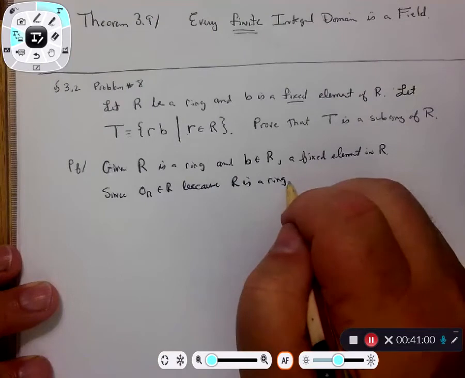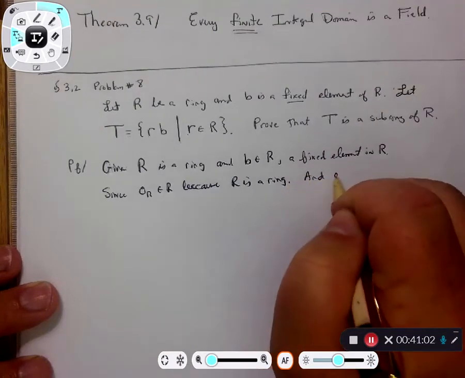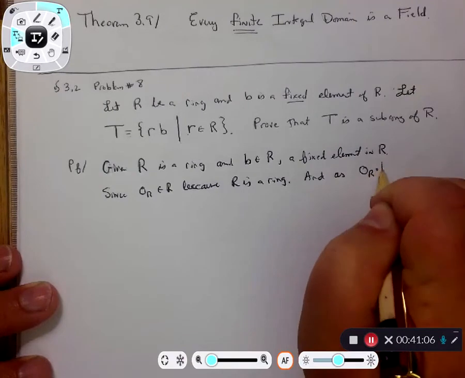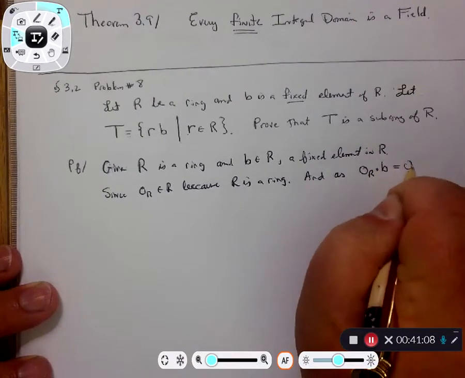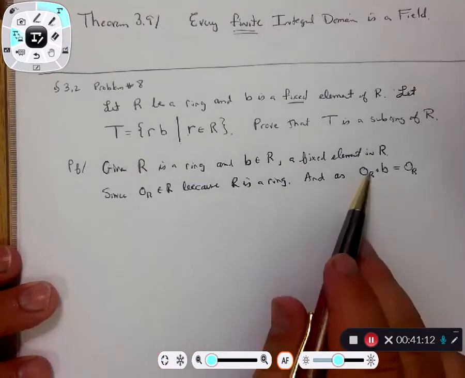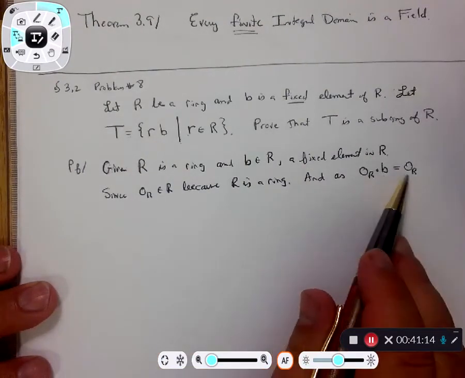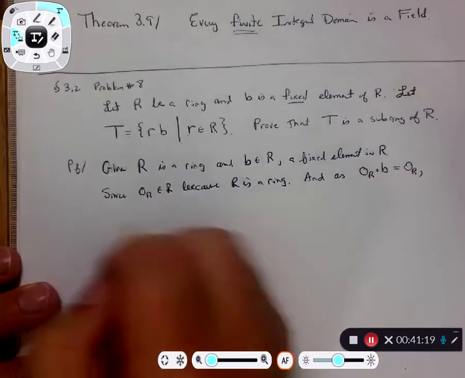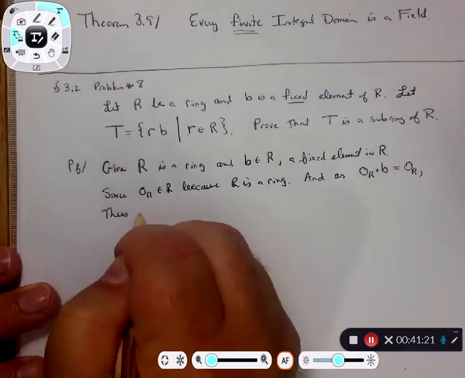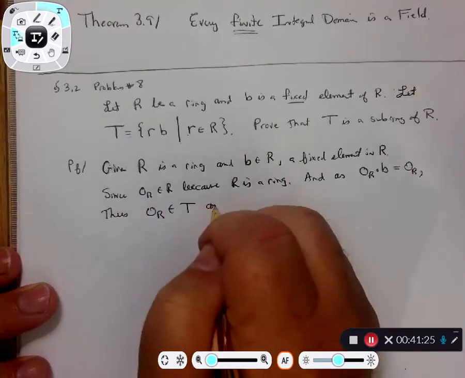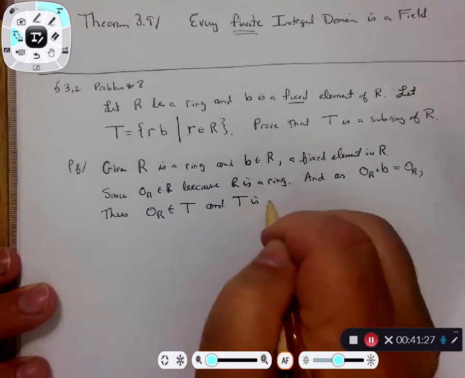And as 0 in R times B is equal to 0 in R, I'm looking for that structure. And 0 times any element in R is going to be back equal to 0. Thus, 0R is an element of T, and T is non-empty.